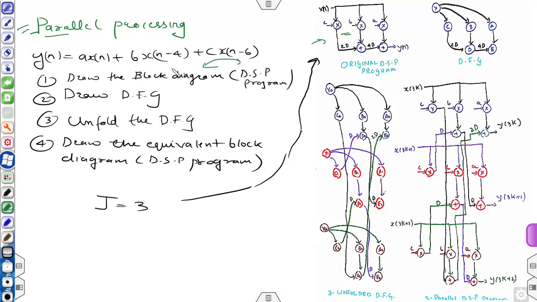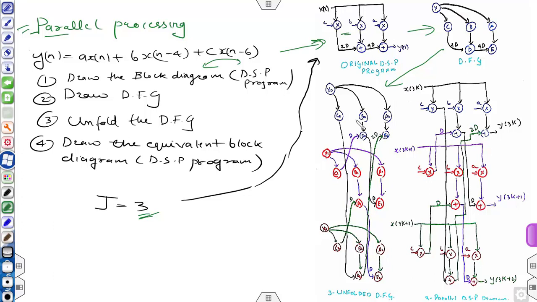To draw an L level parallel structure, you have to follow these steps. You first draw the block diagram, or you can say the DSP program. For this, the block diagram is shown. Then draw the equivalent DFG. Then you have to unfold the DFG. Let's say the unfolding factor is 3.